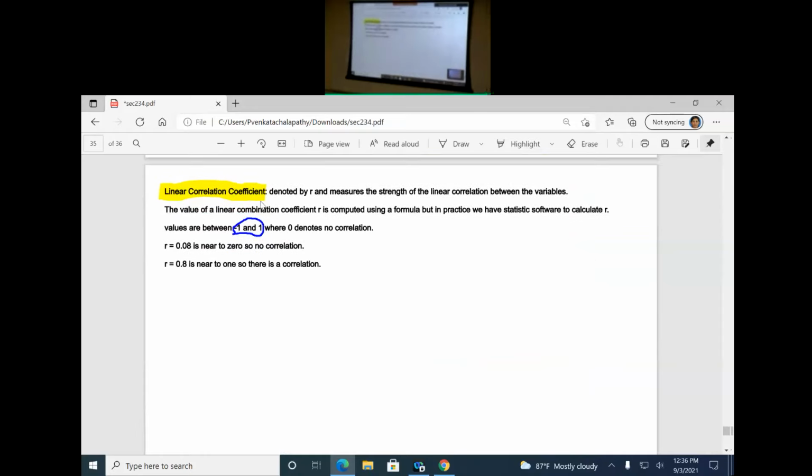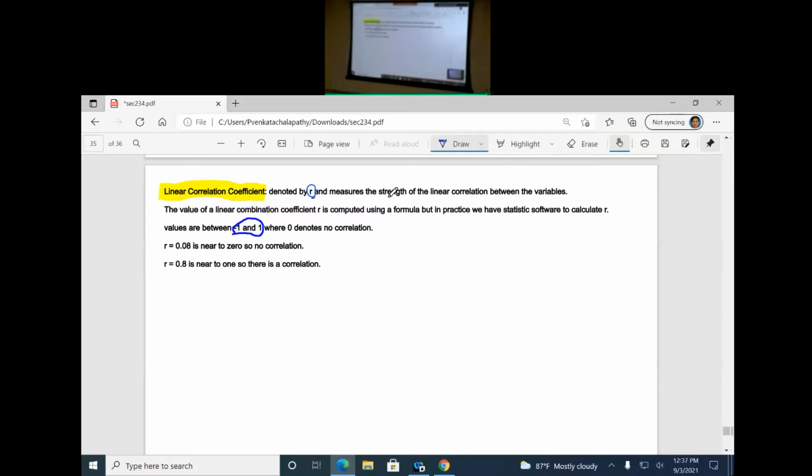Next is the linear correlation coefficient, which means you will have values for the correlation, and those values are found by the software you are using in your lab, JMP. R is the variable which denotes linear correlation.